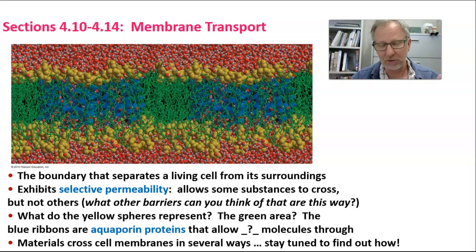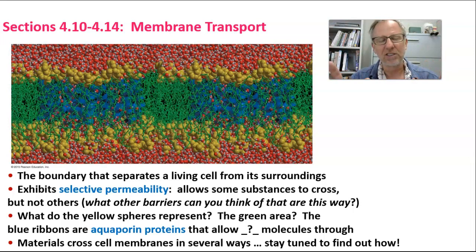Of course, the Earth isn't really alive, but all the life that exists on this thin skin on the surface of our planet is separated from outer space by the atmosphere, the boundary that separates us from that void. So a plasma membrane is a boundary that separates a living cell from its external environment, its surroundings.